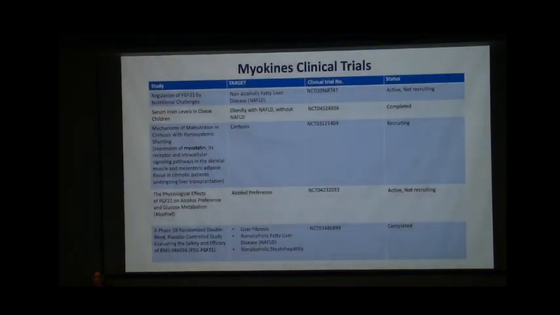For example, FGF21, which has been associated with non-alcoholic fatty liver disease. This is still active. Irisin levels in obese children, obesity with NAFLD, without NAFLD, it is an independent marker of severity of the disease. And then the myostatin.